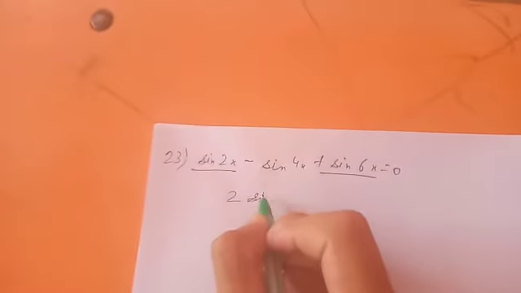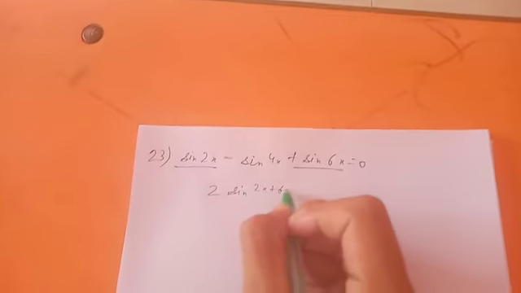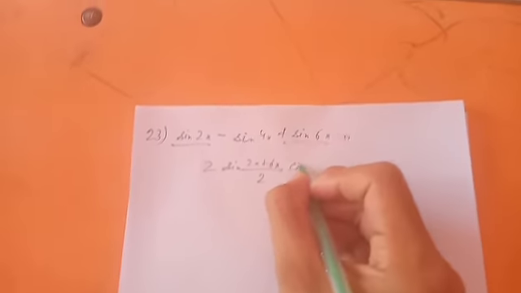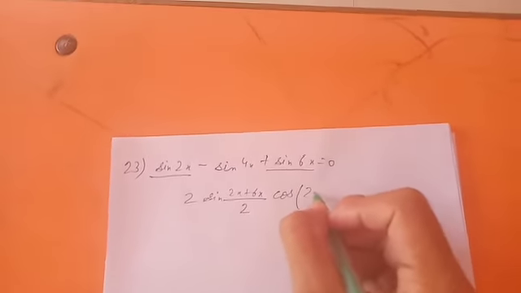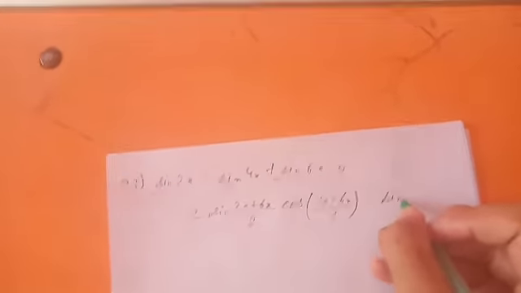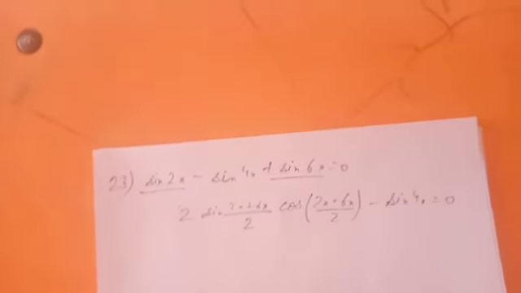So I will get 2 times sin((2x+6x)/2) into cos((2x-6x)/2), and minus sin 4x equal to 0 as it is.